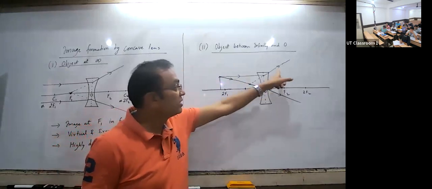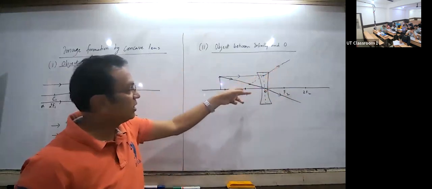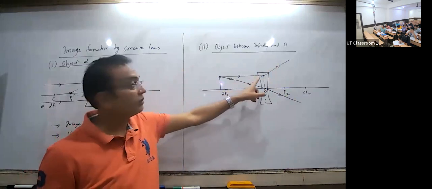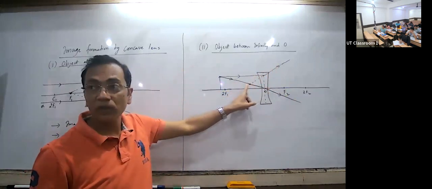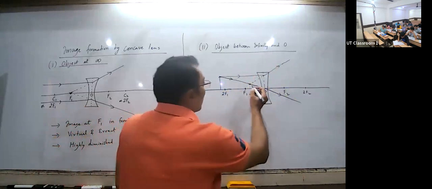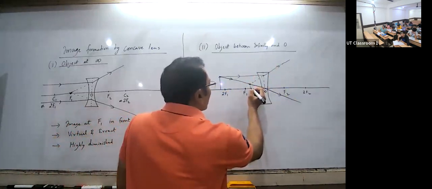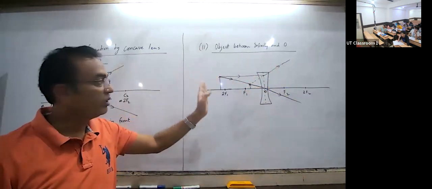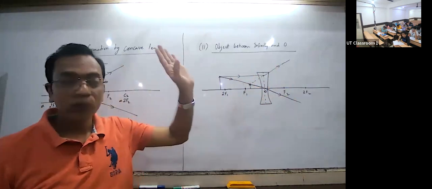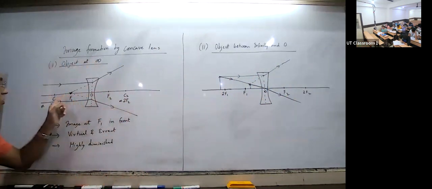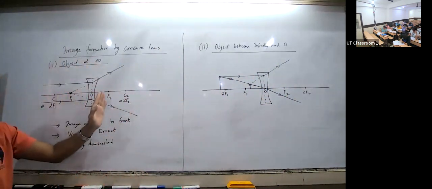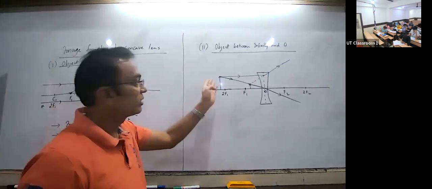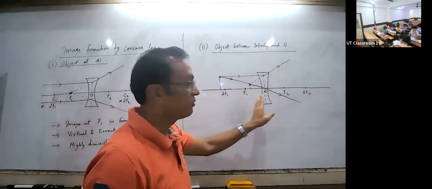But then he feels these two rays actually meet here, and this ray is extended backward. Okay. So now this is the image position. So image is formed in front of the lens between F and O. It will always be between F and O. Okay. So you can try for any ray, it will always be between F and O.